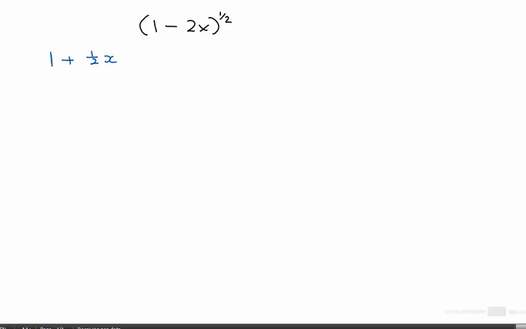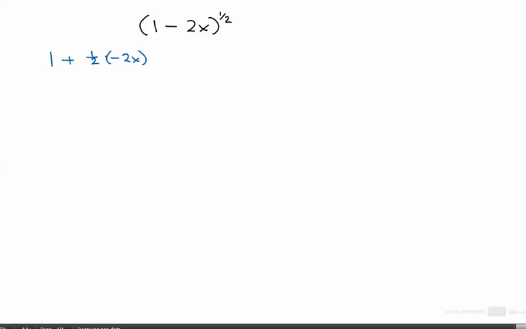I made a little error here, so I'm just going to go back because it's not x. In fact, it's minus 2x. So if I put that in, n is a half, and I'm going to put in brackets minus 2x.